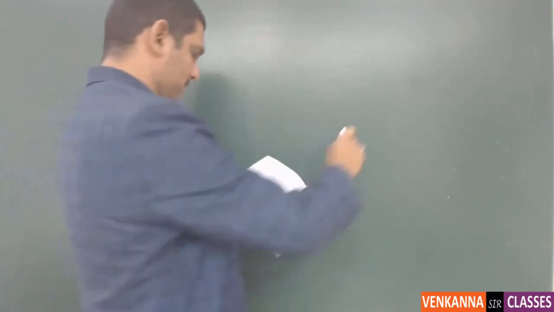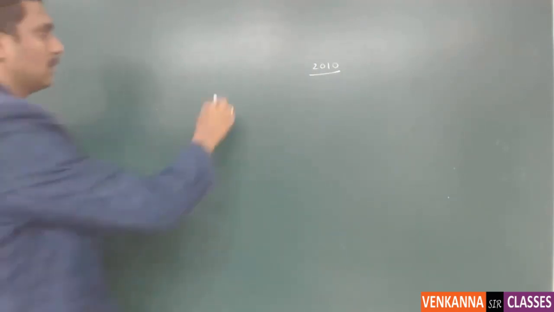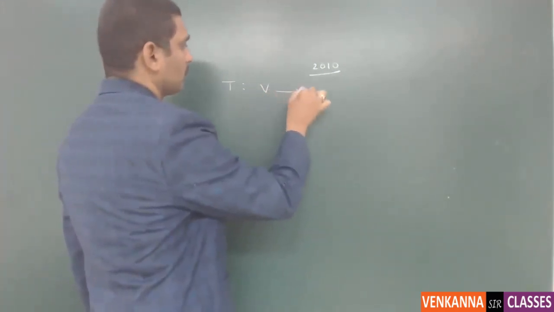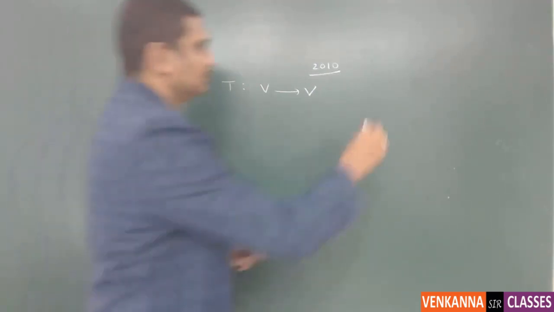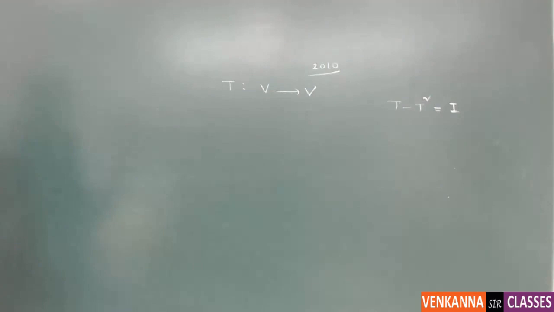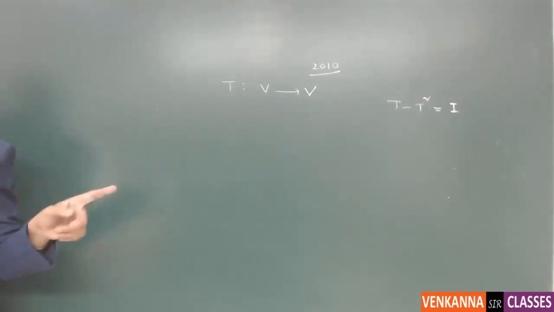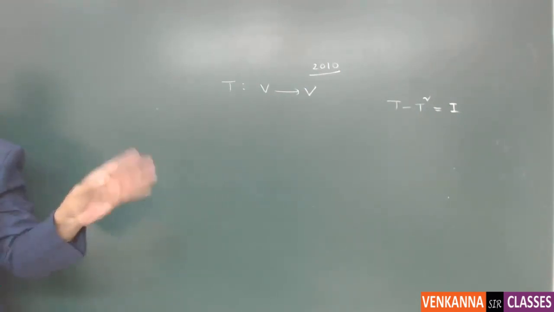So this was given in 2010, I think. I have a transformation T from V to V itself, and T has a special property that T minus T square equals I. Here I stands for the identity transformation, just like I of x equals x. Whatever input you give, the same output will come.